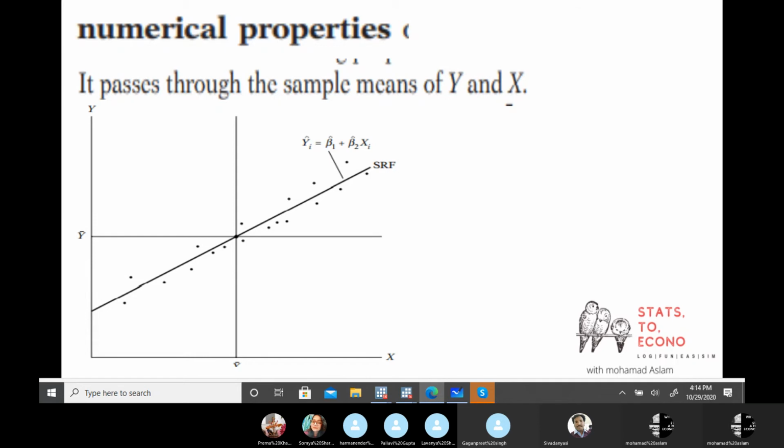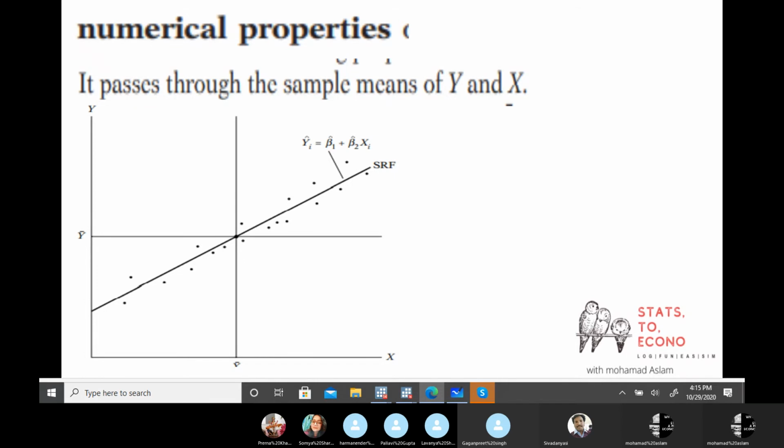It means residuals are distributed equally on both sides. The difference is actually the residual. And if there is bias, suppose you have the mean of the estimated regression line somewhere here, and the mean of the actual y here, then it means residuals are not equally distributed. So there is some problem with that.